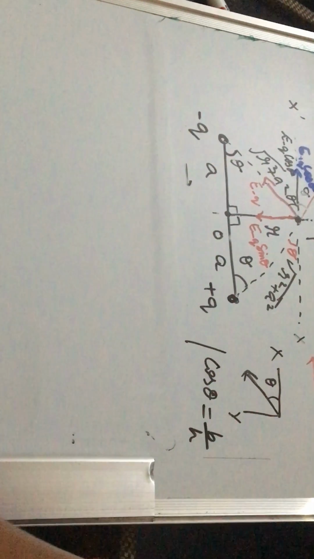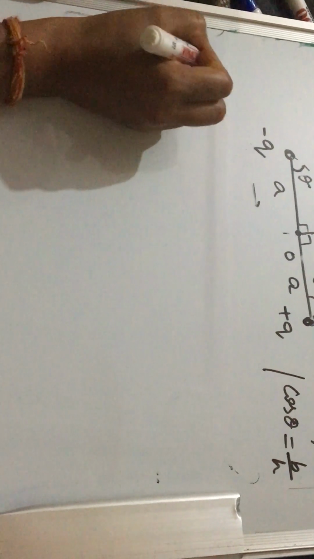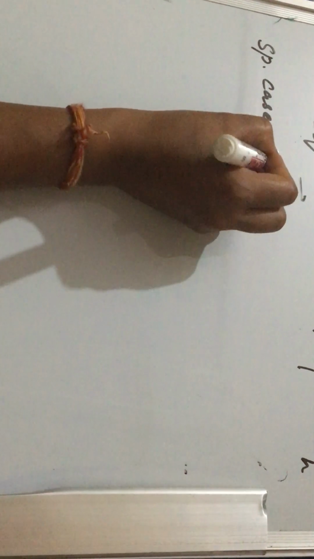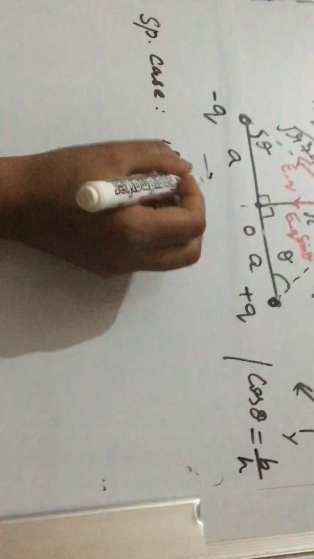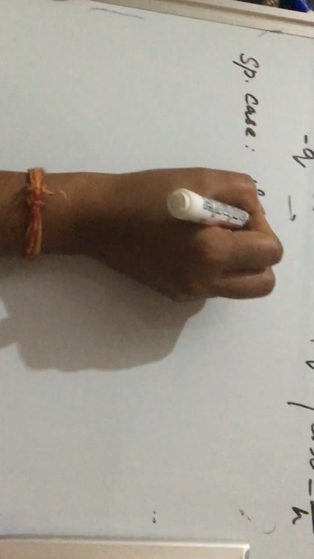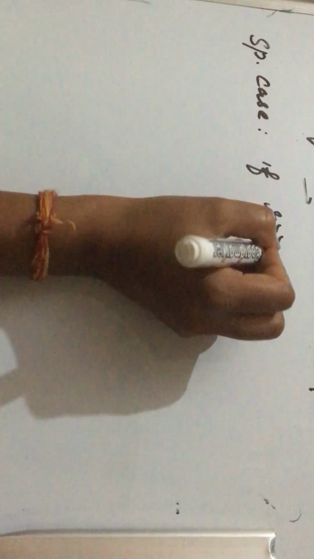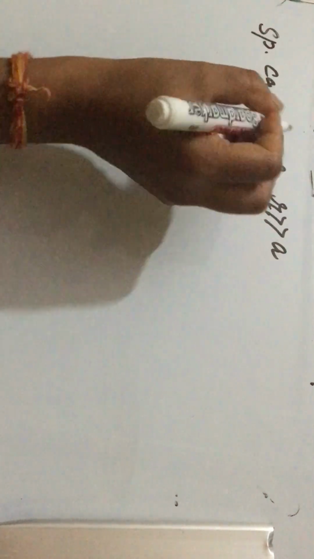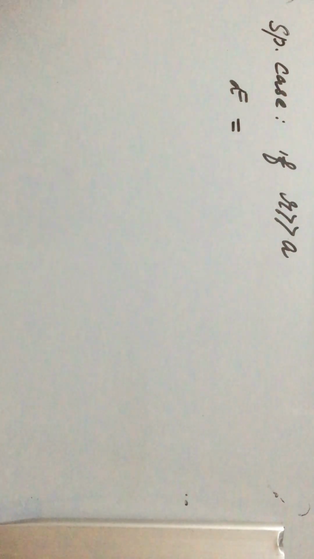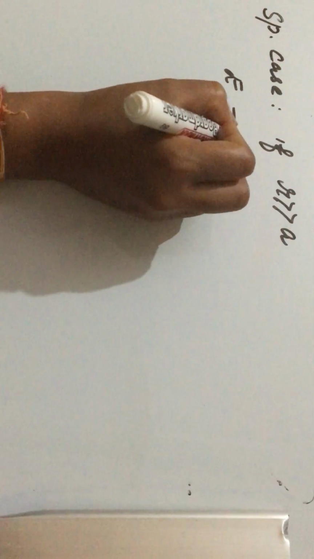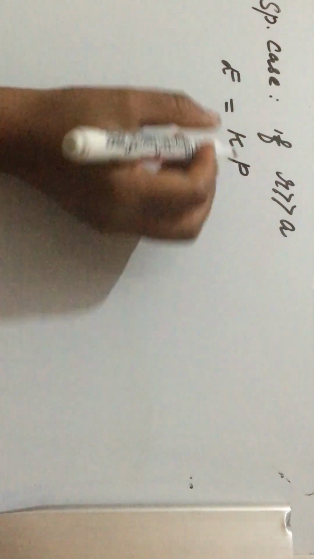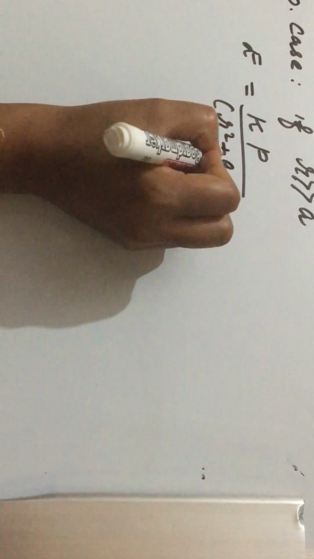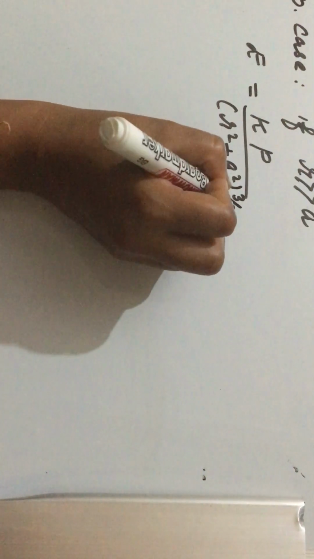Let's go to the special case. This is the general case. If r is much larger than a, then what will the expression of electric field become? What was the expression? K P by r square plus a square to the power 3 by 2.